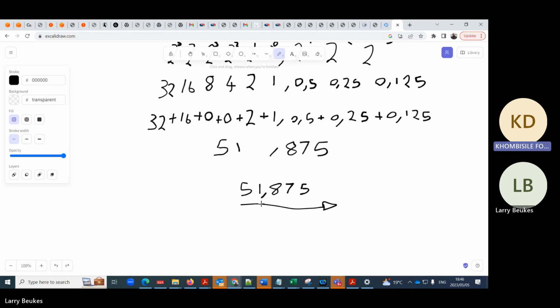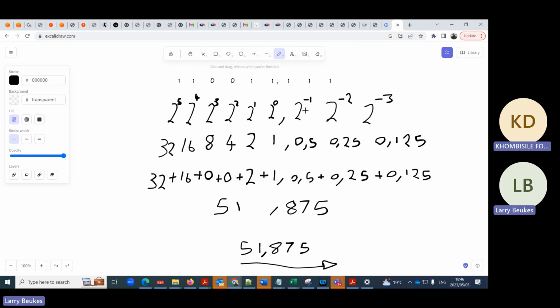But on the right-hand side, I don't know. I was stuck there. I got a question where the answer was a decimal like this, and then they said convert it to binary, and that's how we actually started.